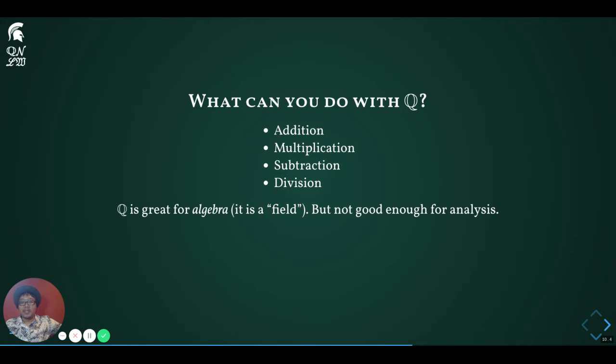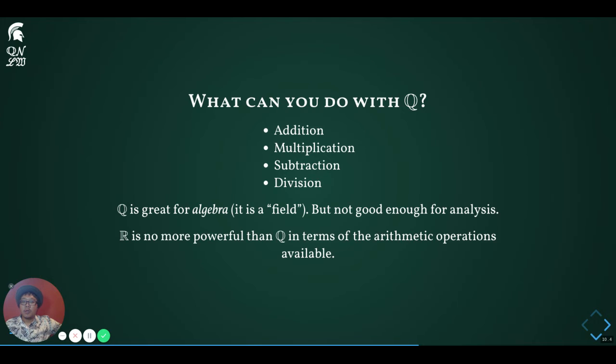I will not give a precise definition of a field here, as for this course, we will not be proving anything starting from the basic field axioms. You can, however, see a discussion in Chapter 1, Sections 2 and 3 of our textbook, and you may encounter this concept again in a course in abstract algebra. Notice that the real numbers are also closed under these four operations, so the real numbers also form a field.